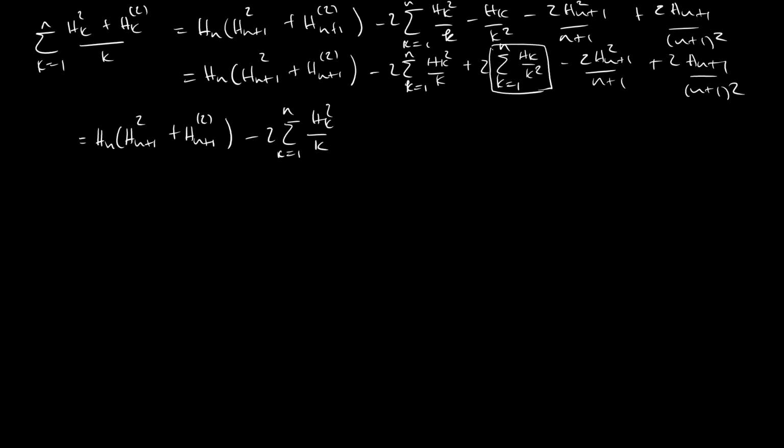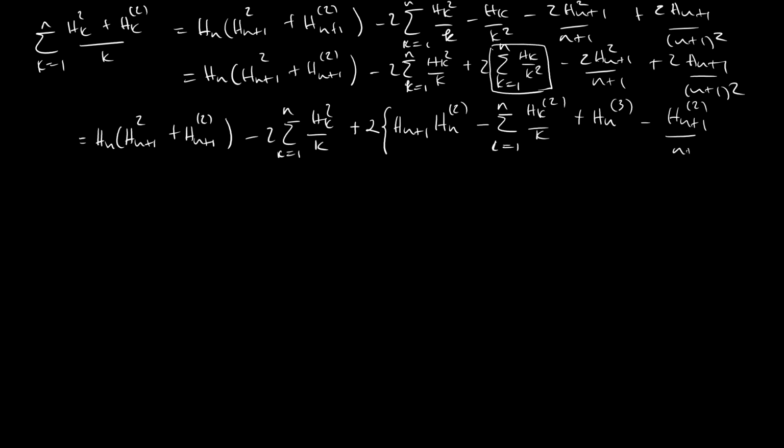Okay, plus 2, and so we have H_{n+1} H_n, right, minus the summation of H_k squared over k plus H_n cubed minus H_{n+1} over n plus 1 plus 1 over n plus 1 cubed, and then minus 2 H_{n+1} squared over n plus 1 plus 2 H_{n+1} over n plus 1 squared.